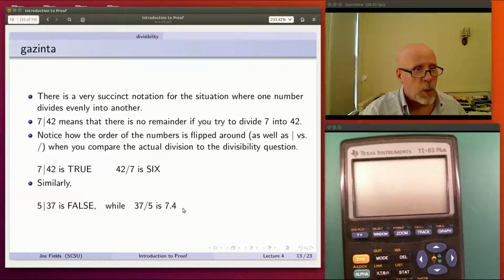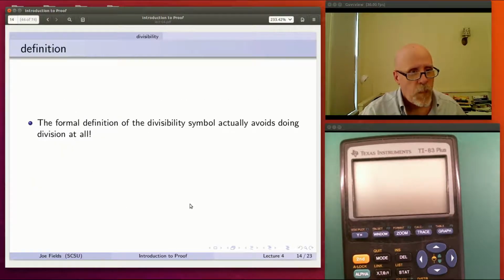That's 7.4. So another way to think of this is the divisibility symbol is true precisely when the actual division ends in a 0.0. You have no decimal point or no remainder. It's kind of cool that the actual definition we use for the divisibility symbol completely avoids doing division.